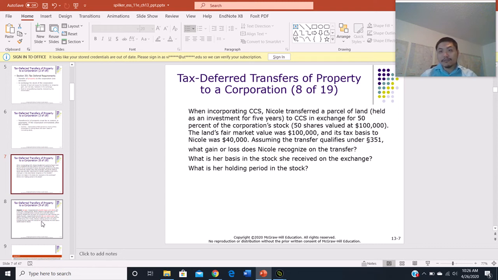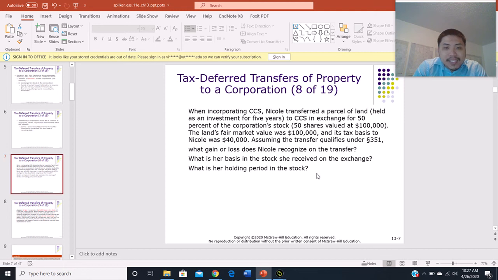So whatever gain she realized is going to be deferred. She doesn't have to recognize the gain right away. Her basis was $40,000 and the shares she received were worth $100,000. So basically, she realized $60,000 of gain. But because the transaction qualified for Section 351, she doesn't have to recognize the gain on the transfer.